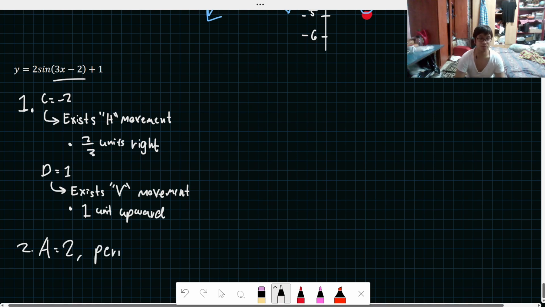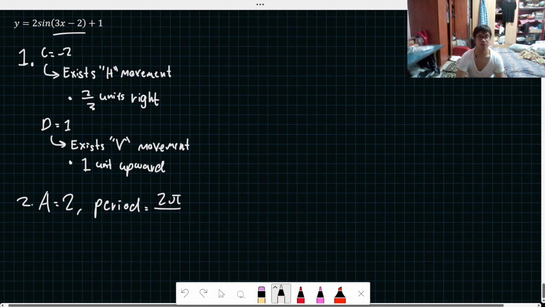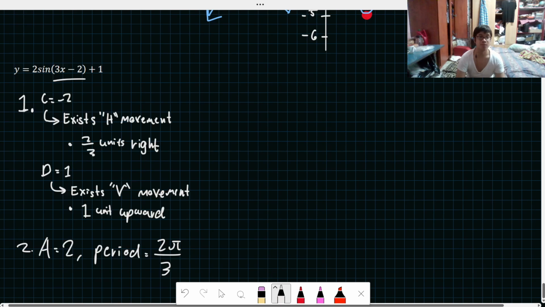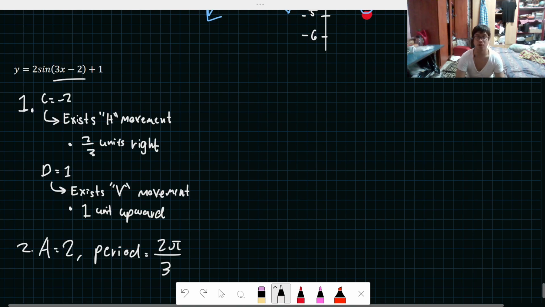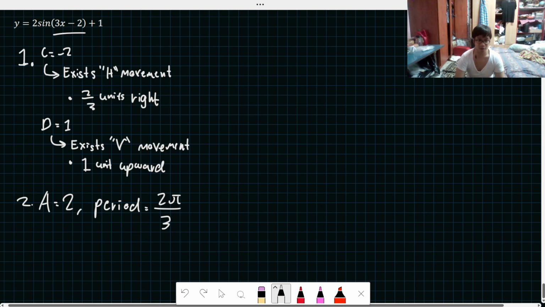Now for your period, remember it's 2 pi all over b. So here, you substitute your b. Remember, your b is the coefficient of your x. So it's 2 pi all over 3 as your period.